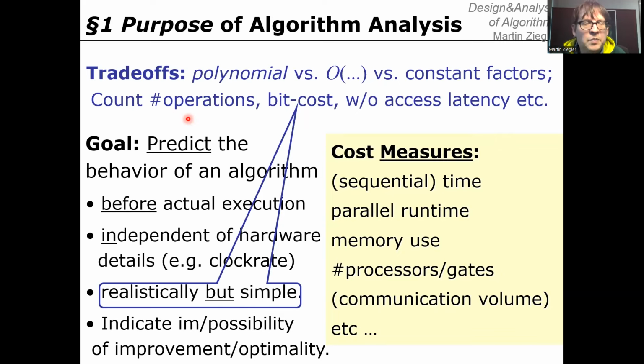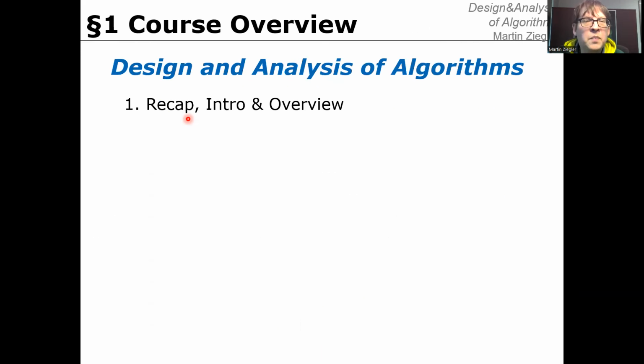So after all these motivations and philosophical considerations, let's now move towards the end of today's session and conclude with an overview of the 10 chapters of this course. The first chapter is what we're currently talking about. Then we'll talk about tree data structures, which is a recap from your course on data structures.